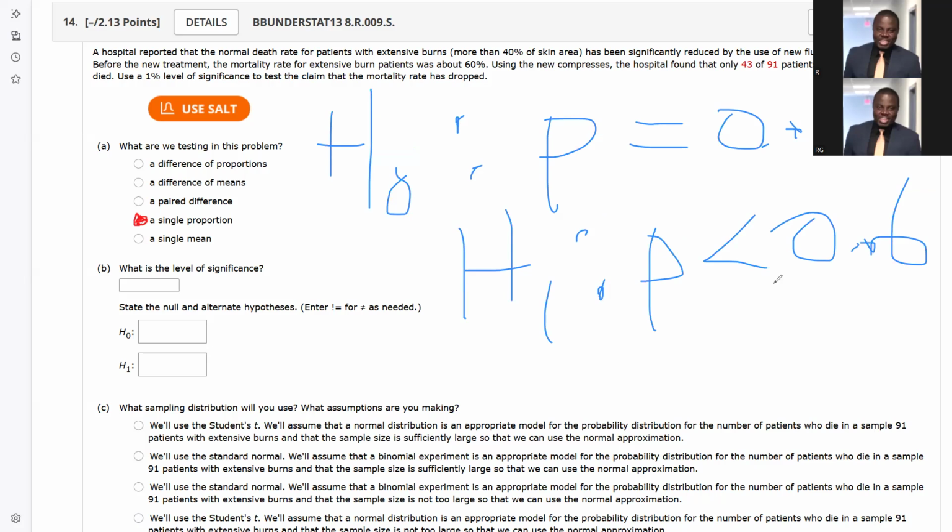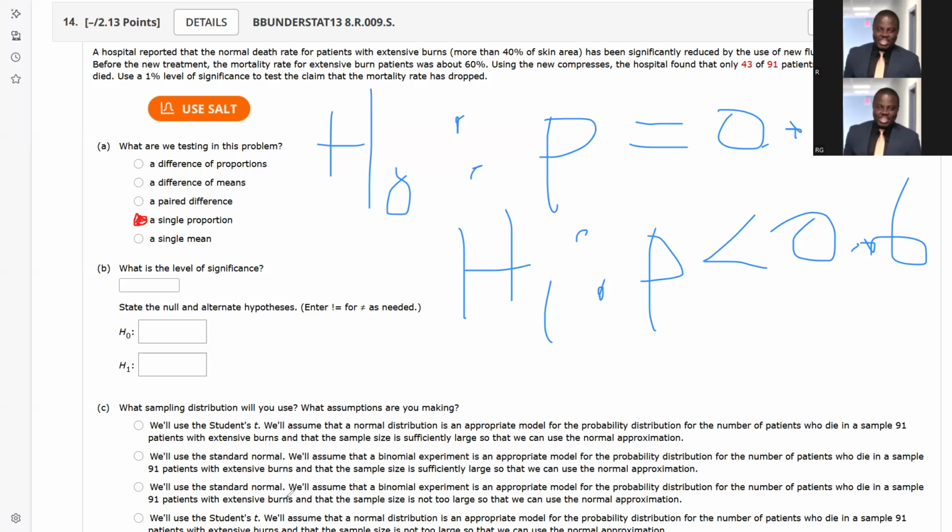Now, C says, what sampling distribution are we going to be using? So for that one, we did something like this in class. So we are going to say we're going to use the standard normal. And let's see, this one, we'll assume that binomial experiment is an appropriate distribution in the sample size.